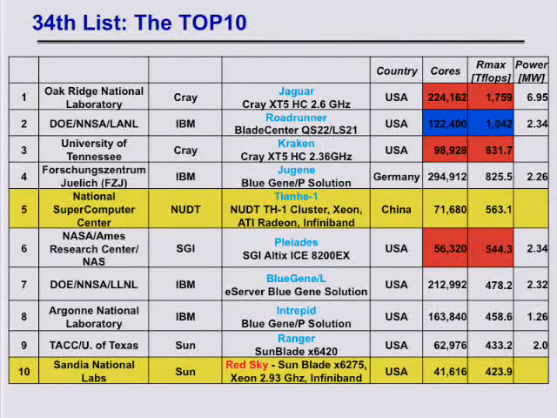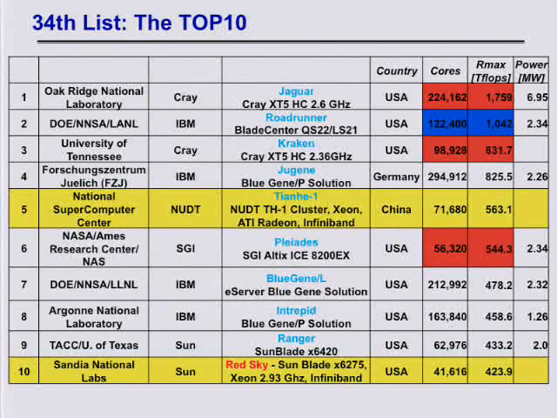This is from the 34th top 500 list. It shows where the machines are and what kind of machines they are. Oak Ridge National Lab has the fastest machine on the list, which is a Cray XT5. It's very similar in architecture to the Franklin system that you're using at NERSC if you're doing the homework problems, and probably even more similar to Hopper if you happen to use that system.